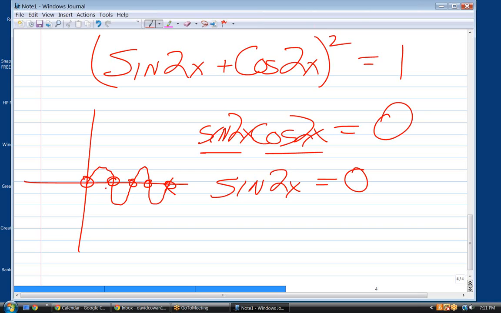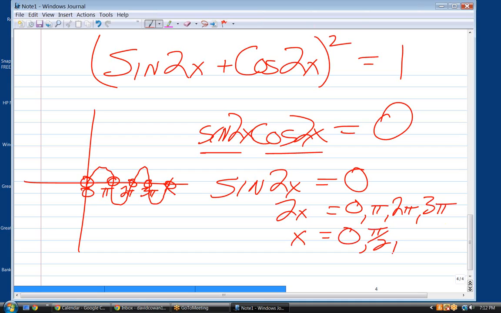So this is 0, pi, 2 pi, and 3 pi. Those 4 spots. So 2x is equal to 0, pi, 2 pi, and 3 pi. So x is equal to 0, pi over 2, pi, and 3 pi over 2. That's just for that part.